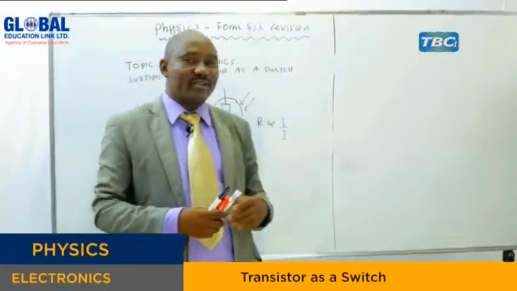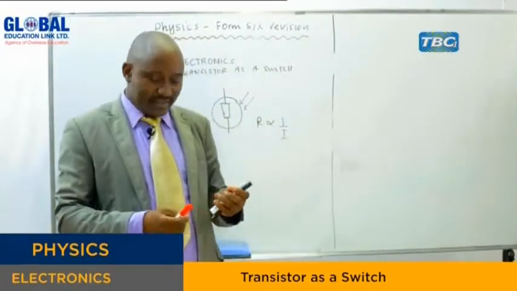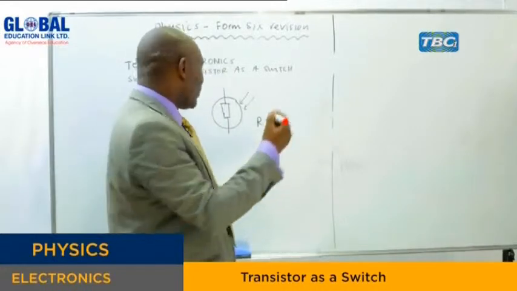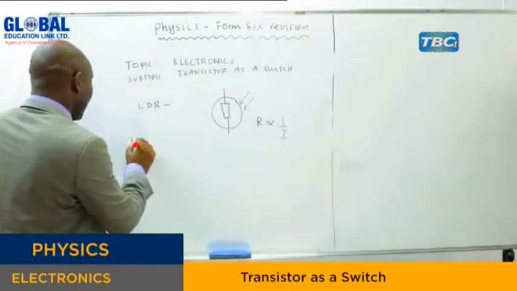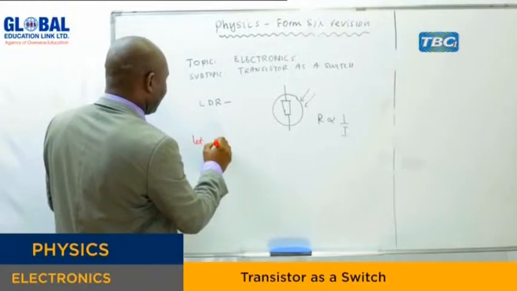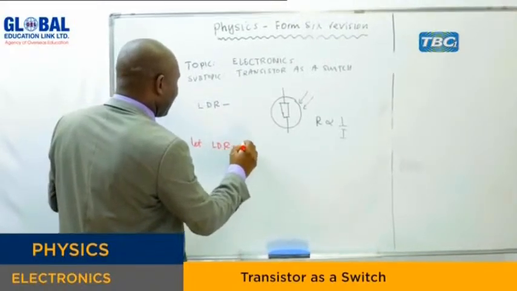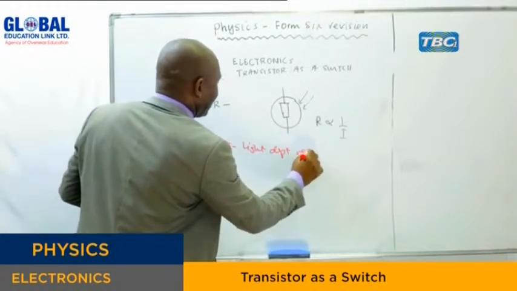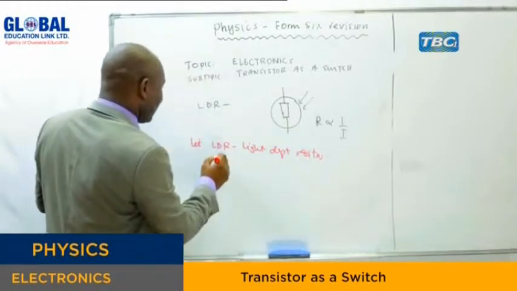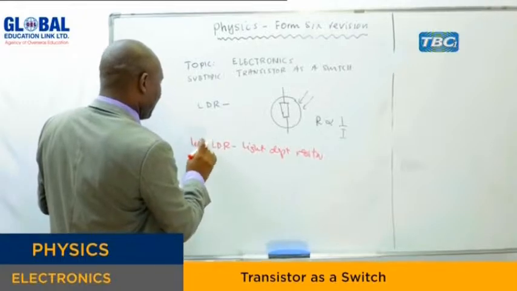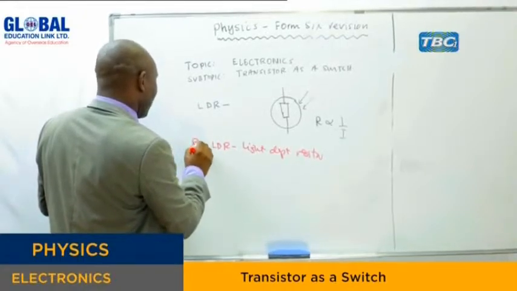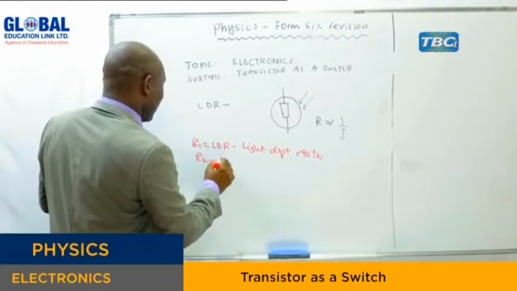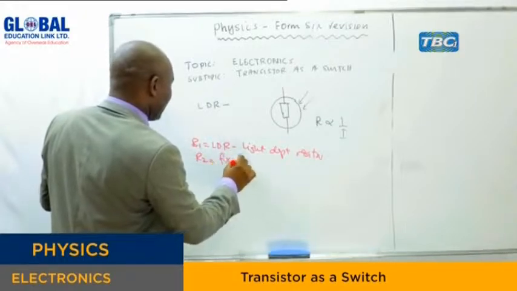I remember I told you before that we normally use the common emitter transistor. So step number 1: let this R be the light-dependent resistor. Then you are supposed to have another resistor, let's use it as R1, and then R2, a fixed resistor.